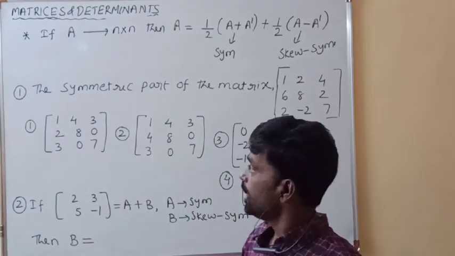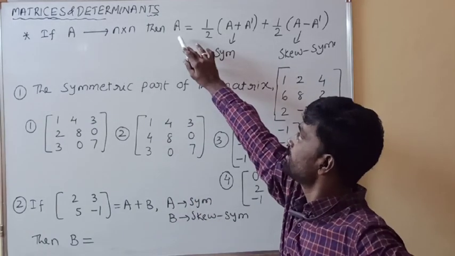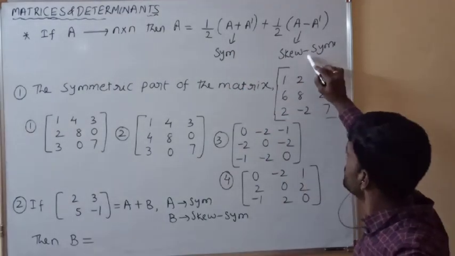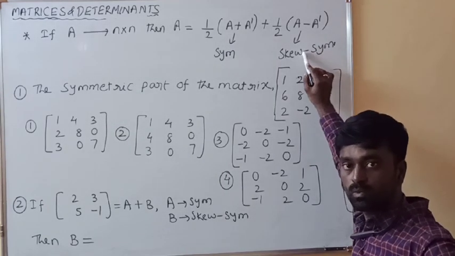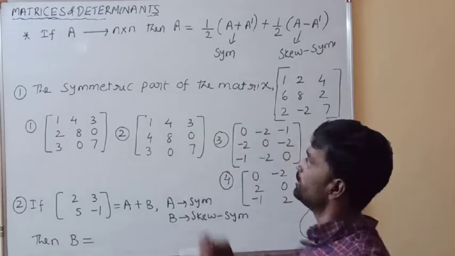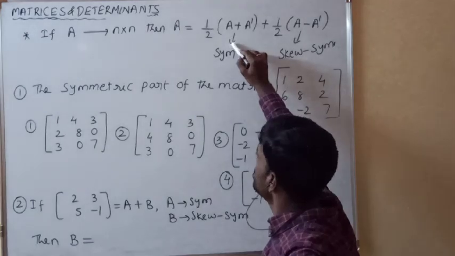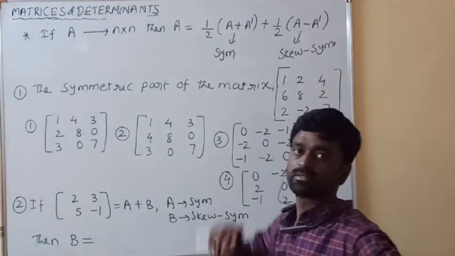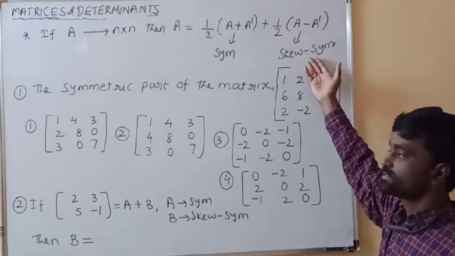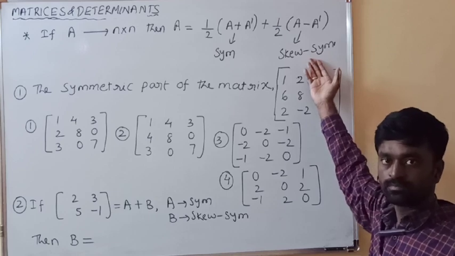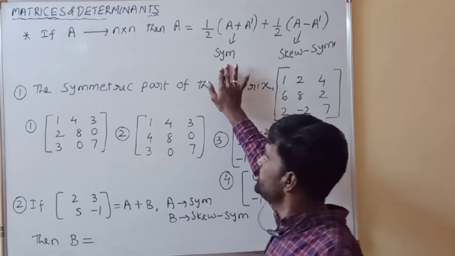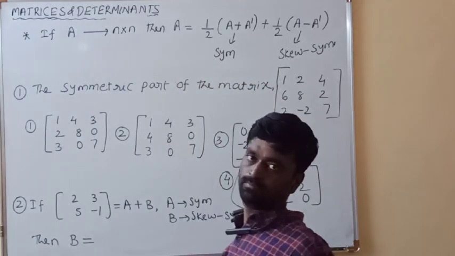This square matrix can be represented as a sum of symmetric and skew symmetric parts. In the skew symmetric part the diagonal elements are zeros, but the sum of these two matrices must be A. That means the diagonal elements in the symmetric part of A are the same as the diagonal elements of the given matrix. Correct? Because the diagonal elements in the skew symmetric part are zeros, the diagonal elements in half into A plus A dash should be the same as the diagonal elements in A. Correct?